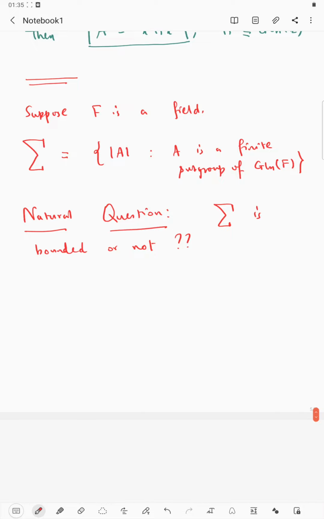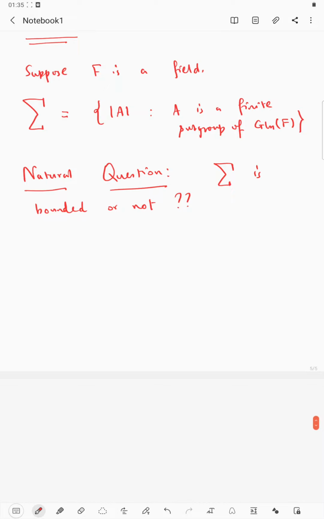So over real numbers or complex numbers, when F is equal to R or C, the answer is negative.